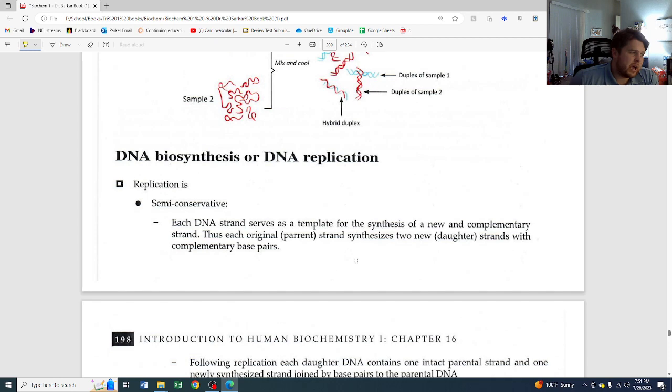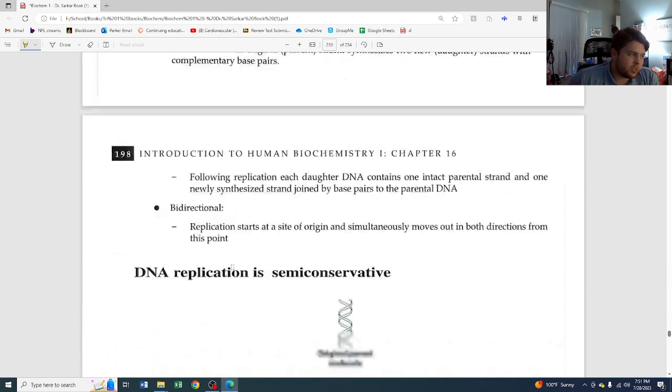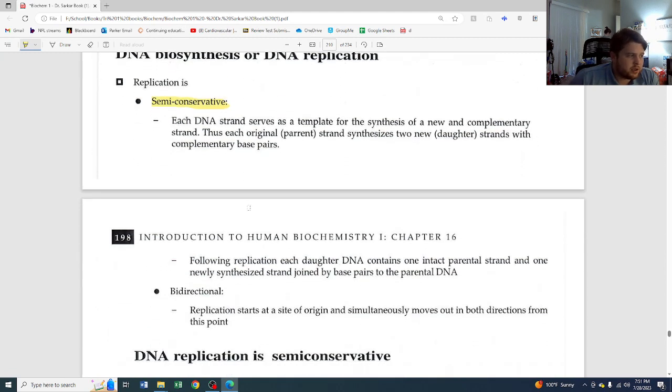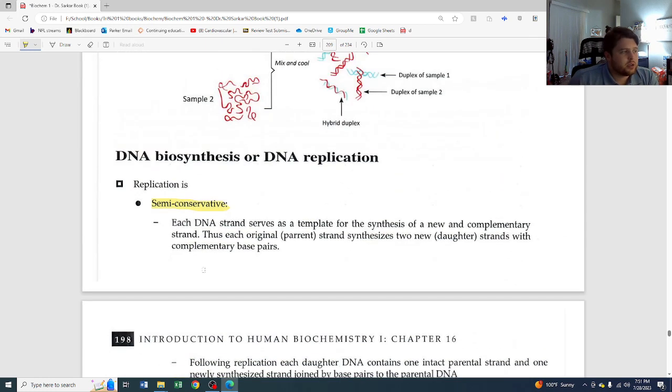So, DNA biosynthesis or DNA replication. Getting into replication, pay really close attention to a lot of these definitions, as these are going to come up quite a bit in questions. So replication is semi-conservative. What this means is that each DNA strand serves as a template for the synthesis of a new and complementary strand.